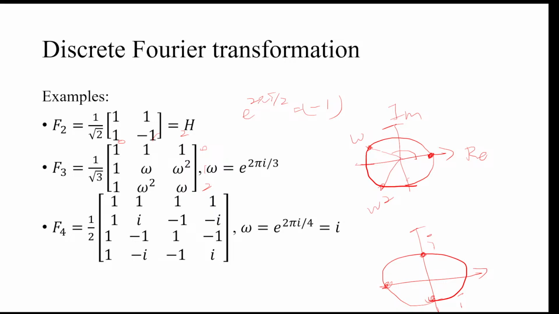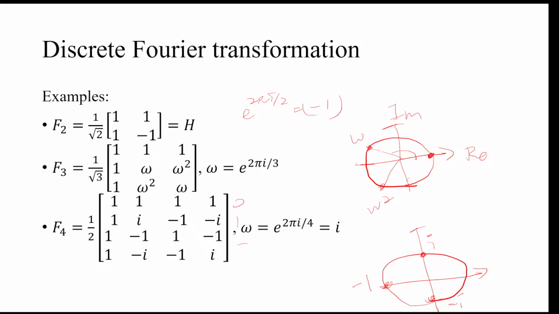So omega equals i, omega square equals minus 1, and omega cubed equals minus i. Once again we can label this with j and k, which should go from 0 to n minus 1, so 0 to 3.